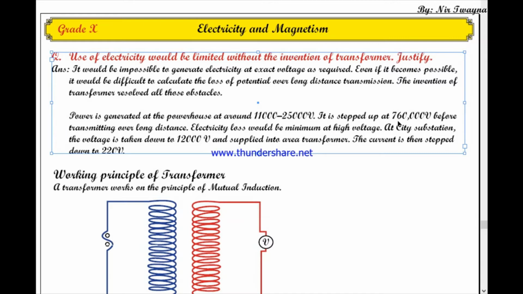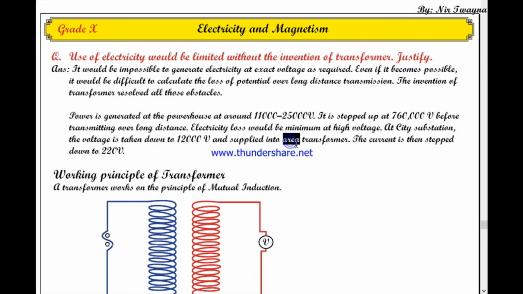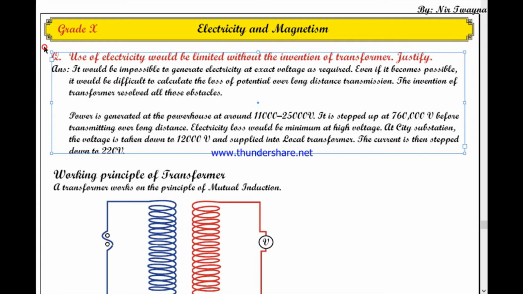It is stepped up to 760,000 volt before transmitting over long distance. Electricity loss would be minimum at high voltage. At the city substation, the voltage is taken down to 12,000 volt and supplied to the area transformer, also called the local transformer. The current is then stepped down to 220 volt.